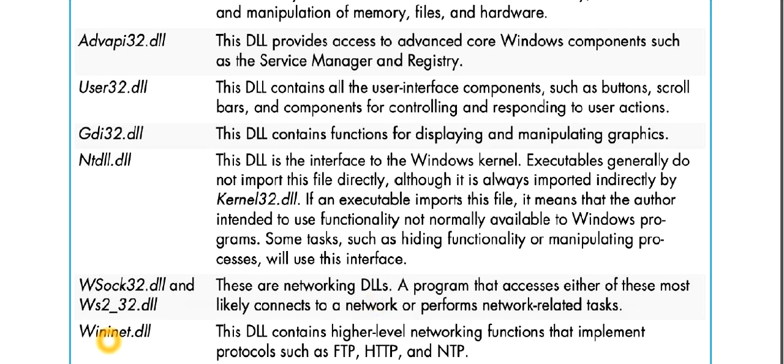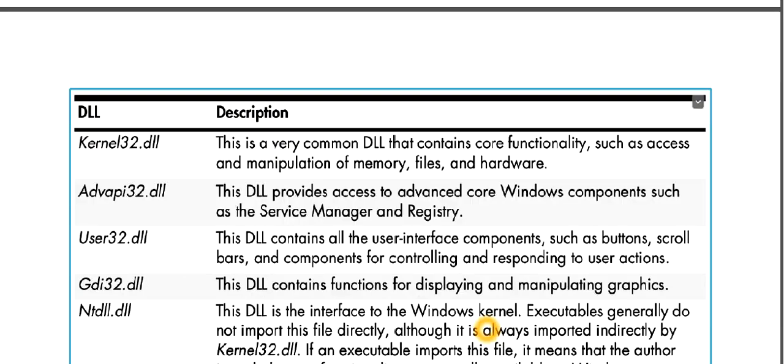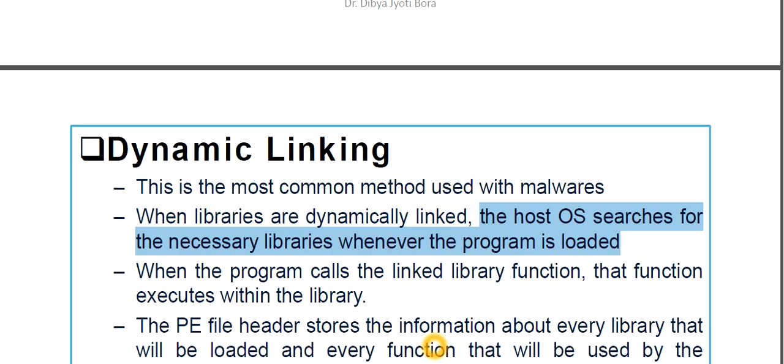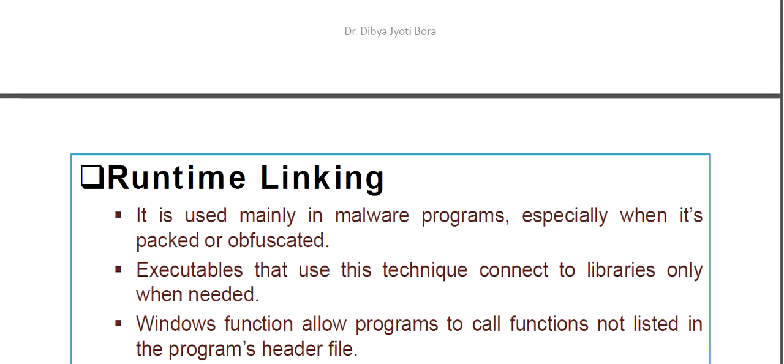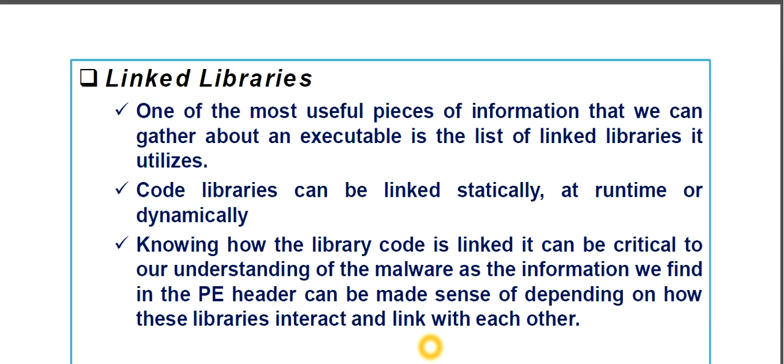Then we have wininet.dll, which contains higher-level networking functions that implement protocols such as FTP, HTTP, and NTP. So these are the common DLLs. I hope dynamic linking, runtime linking, and static linking are clear to you. We have discussed a very important part of malware analysis, that is, linked libraries.